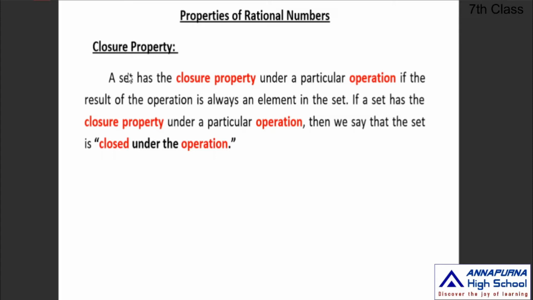Here the rational numbers are closed under addition, subtraction, and multiplication, but the collection of rational numbers is not closed under division.